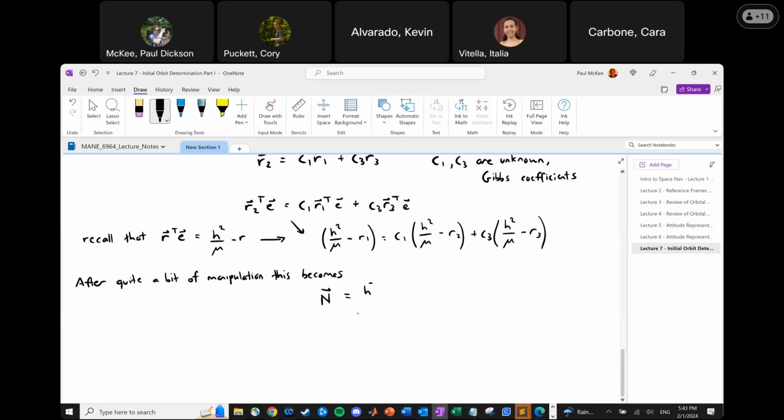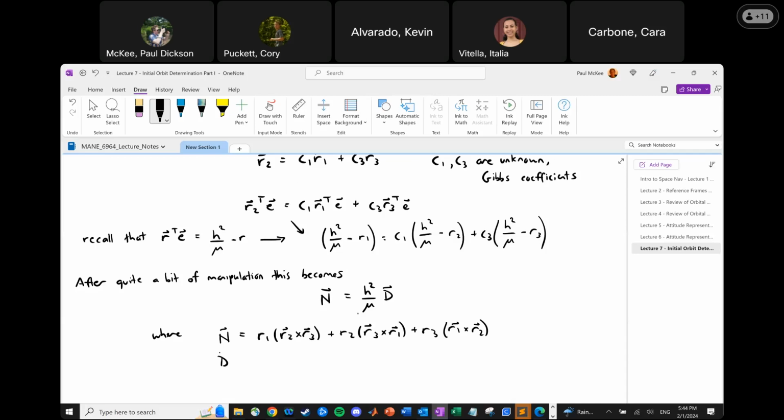It's equal to h squared over mu times d, where n is R1, apologies, R1 the scalar, times R2 crossed with R3, plus R2, R3 crossed with R1, plus R3, R1 crossed with R2.